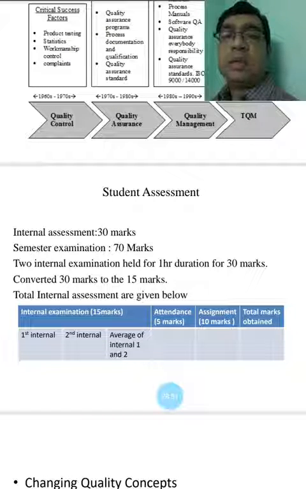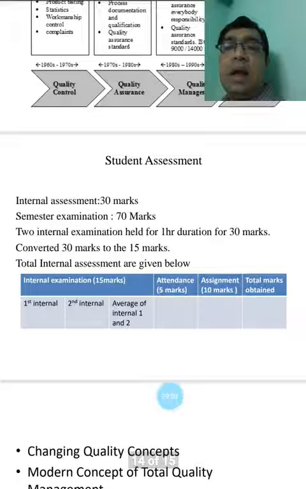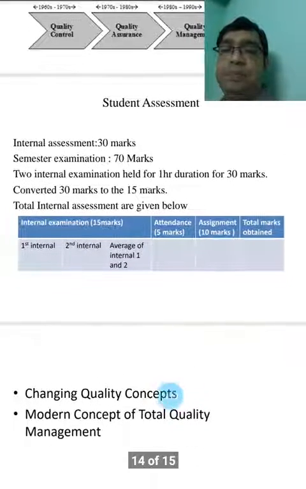The summation of the internal examination, attendance and assignment gives the total out of 30, and this is the internal assessment of 30 marks. The other 70 marks come from the semester examination.